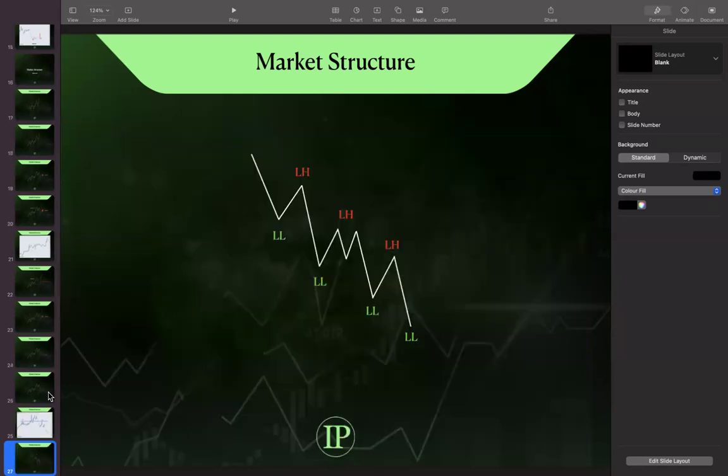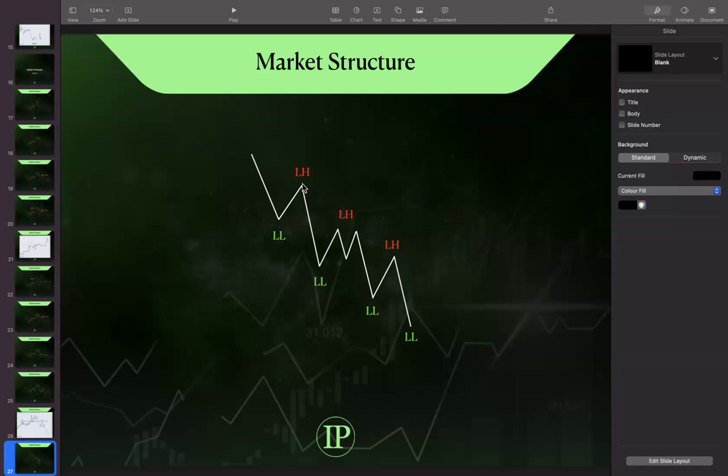So let's look at a downtrend scenario, because it just helps to see from a bullish perspective and a bearish perspective, okay? So in a bearish scenario, we basically have price making lower highs and lower lows. Each of the moves creating a new low is the impulse.